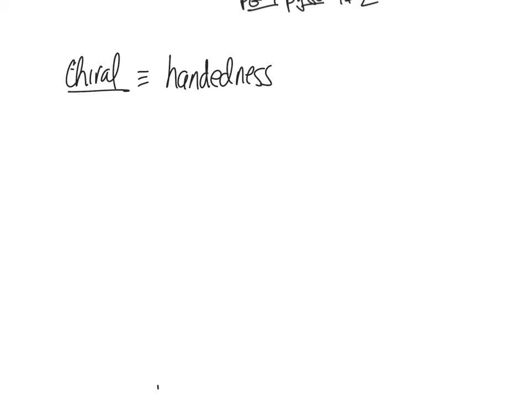This is very important because our biological receptors can distinguish between different molecules, just like your hands, between chiral molecules. So I don't have the structure in front of me, but if you look up the structures for caraway and you look up spearmint, these are two different scents. They smell different, they taste different, right?